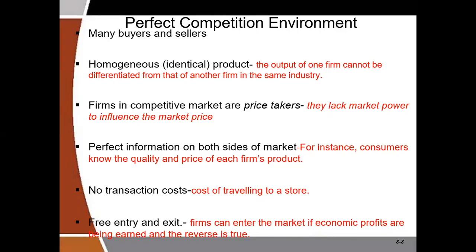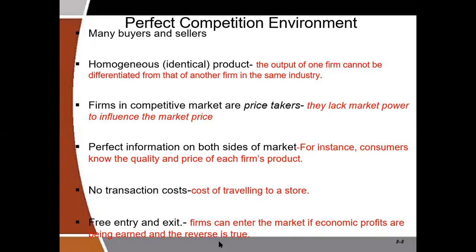The firm will be a price taker, and the firms in the market will be perfect competitive firms. So whenever there is perfect information in the market, it makes it difficult for one single firm to control the market.